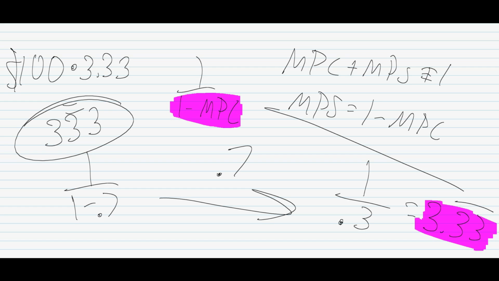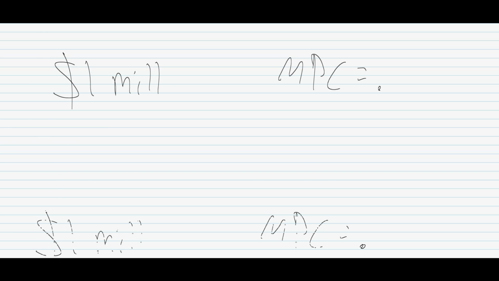So this is going to be a huge part of what we're going to be doing in the coming lessons, because it's a basis for a lot of our bailouts and how we regulate our economies, mostly from the government standpoint. Because let's say the government spends $1 million. Now imagine if the marginal propensity to consume was 0.8.